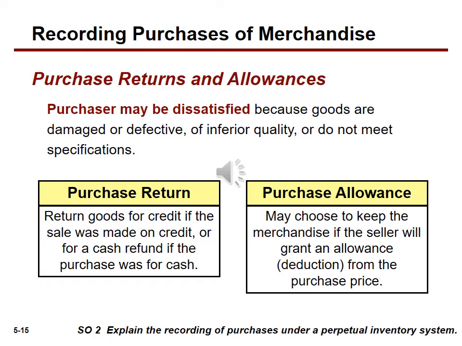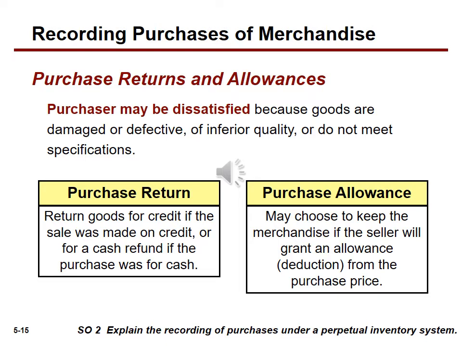When you go shopping and buy some, let's say, clothes, there's always a possibility that you're not happy with some of your purchases, and you may decide to return some of them or exchange some of them, right? The same thing applies between companies.